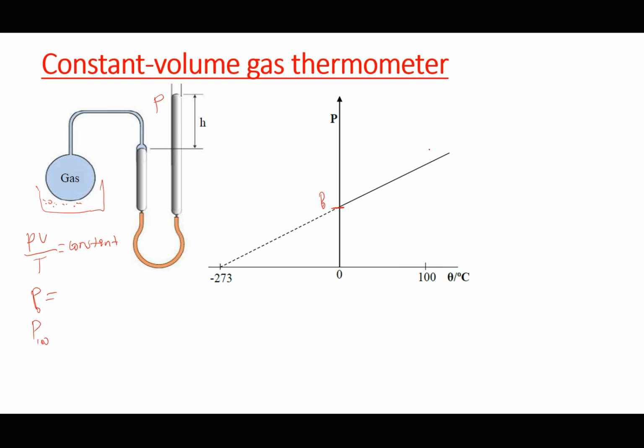I'm calling it P100. Of course, because we know that at low pressure, the variation in pressure with the temperature is perfectly linear, this will automatically give me a straight line, as you can see.